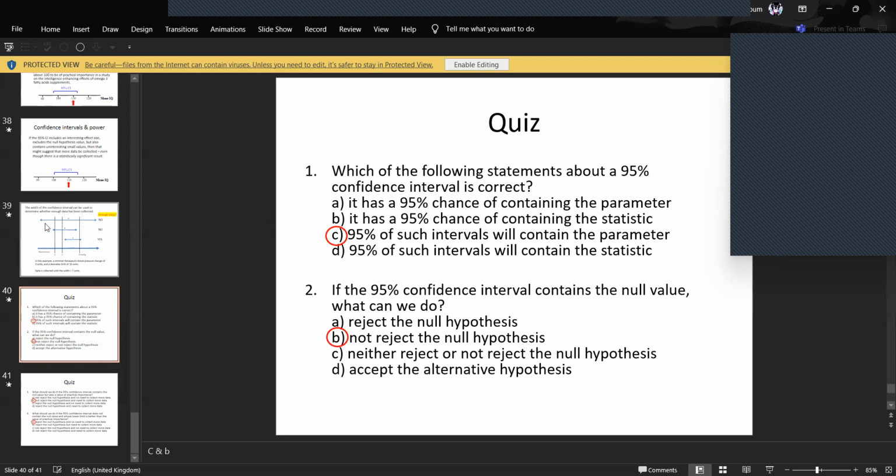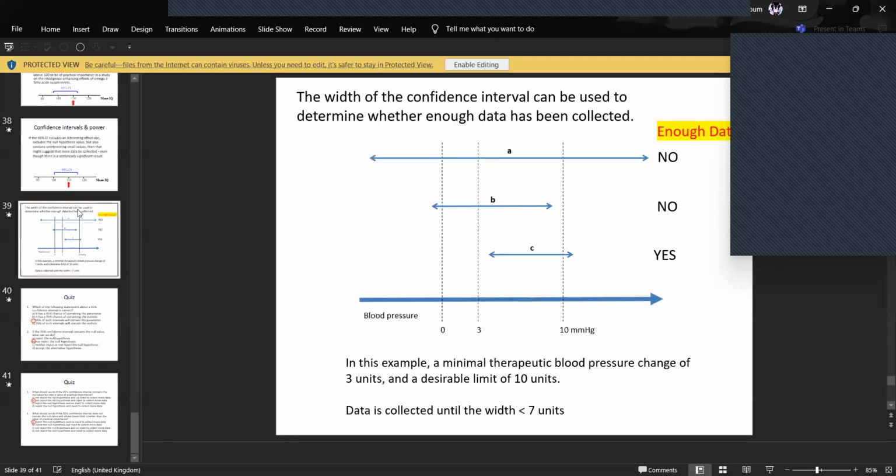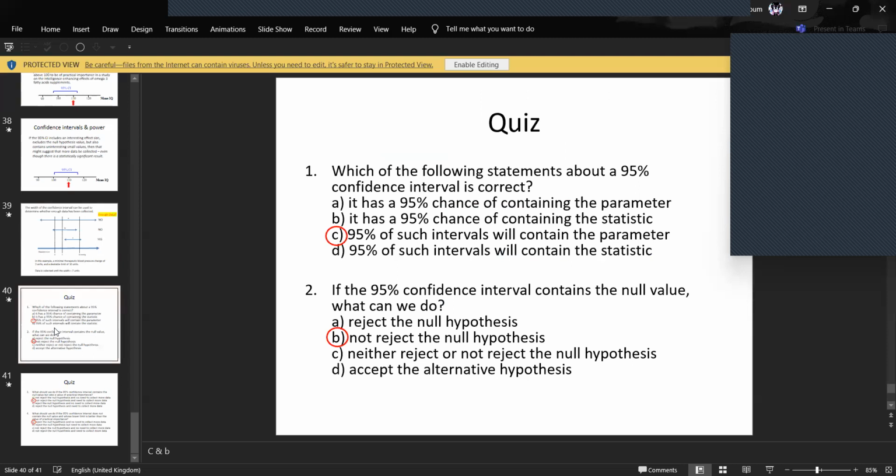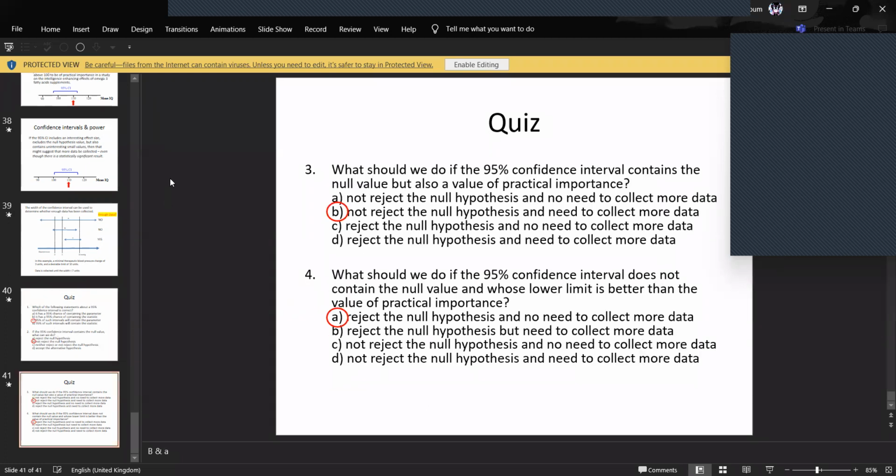I know we made this whole long story about effect size and how we have to collect more data and all of this fancy stuff. But long story short, if you have a 95% confidence interval and it contains the null value, accept the null hypothesis and reject the alternative hypothesis.